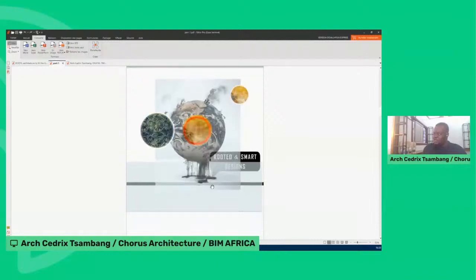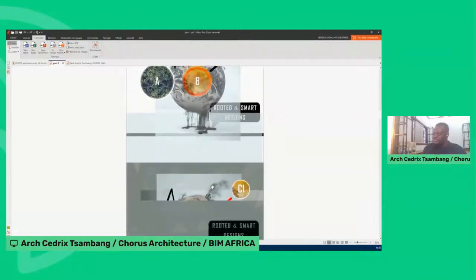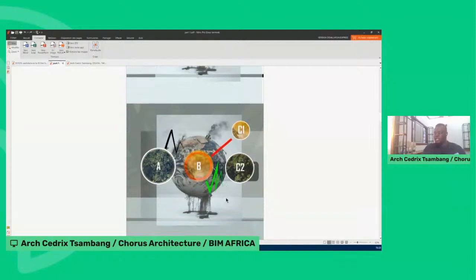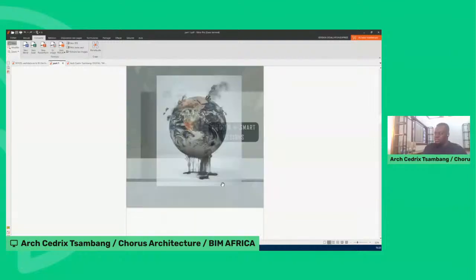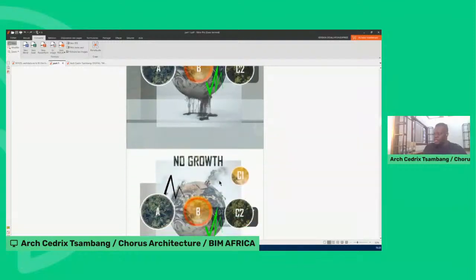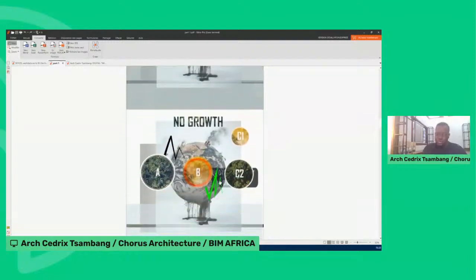There's another scenario where we practice sustainability by trying to save what is existing. One thing is sure, the population will increase, the scarcity will increase. So we have to find a way. We call this scenario no growth.